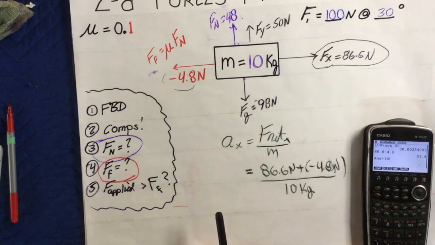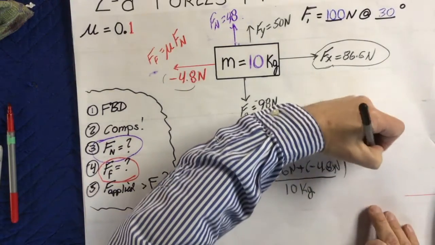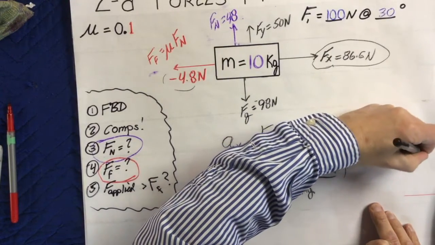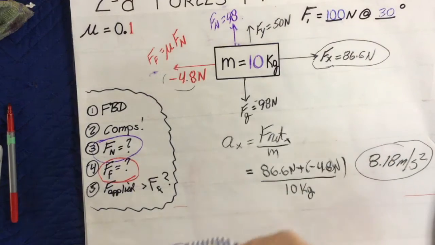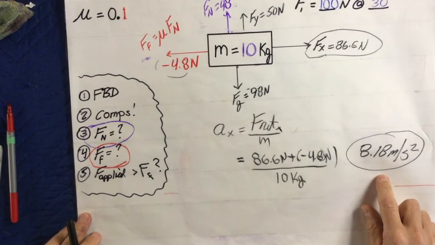This thing's going to be honking. 8.18 meters per second squared to the right. And that's the general solution to a one-angled force with friction, determining if an object will move or not.